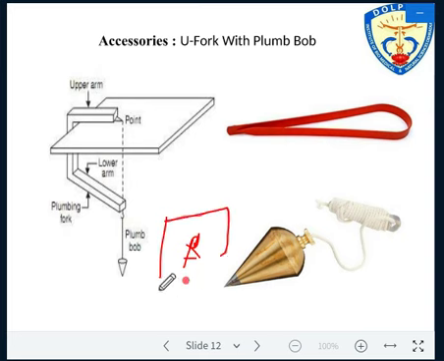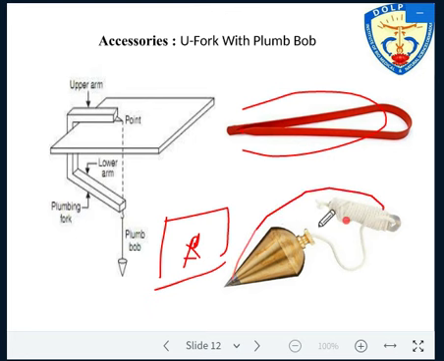So how can we be certain that on the table this point is the center? So we are using this U fork, which will look like that, right? As you look at that, there is one needle point there. So the needle point we are fixing to the point, and then on the lower arm we are suspending a plumb bob, and we'll try to fix, and then we are fixing the station accordingly, right?